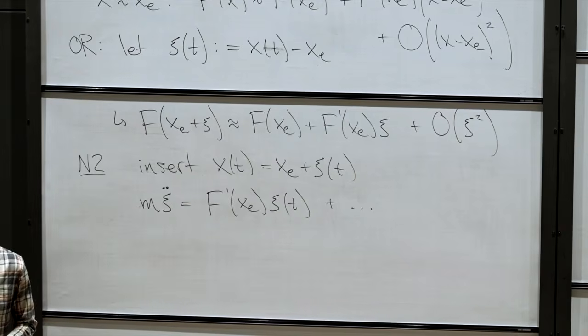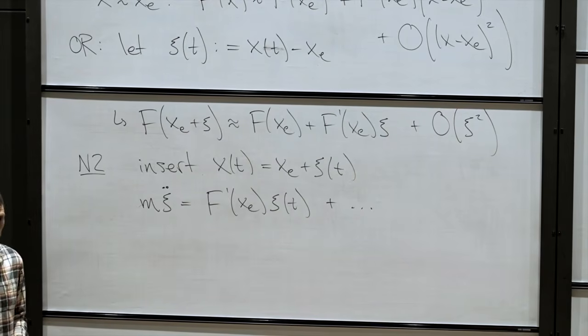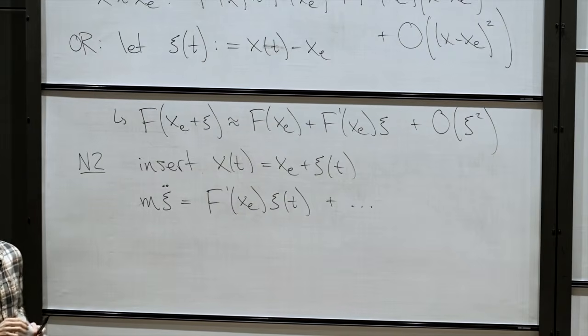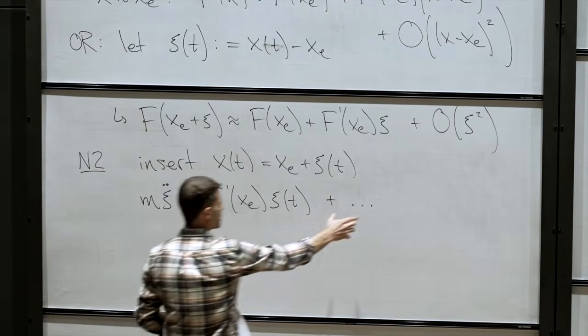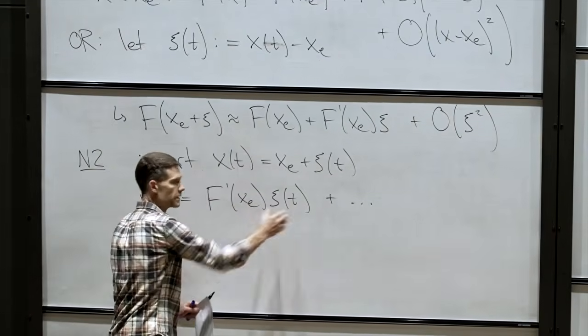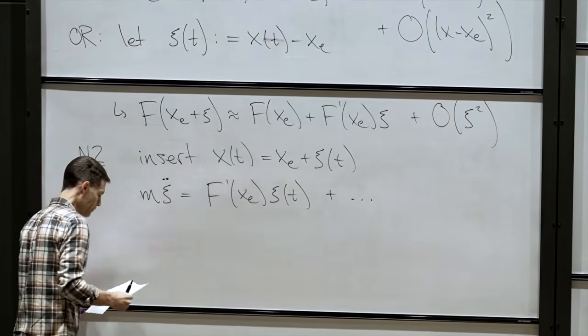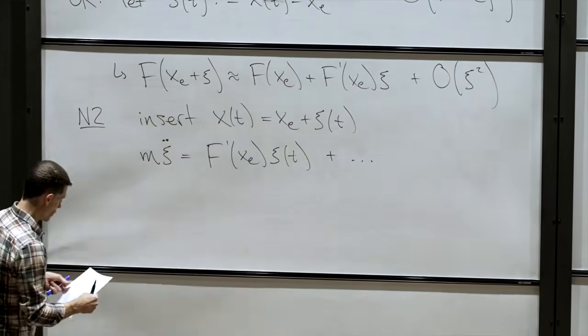So I'm supposing by construction that psi is small, because I'm looking at the behavior very close to the critical point, the equilibrium point. So by assumption psi is small, which means all the stuff in dot, dot, dot is smaller than the stuff that I've kept.